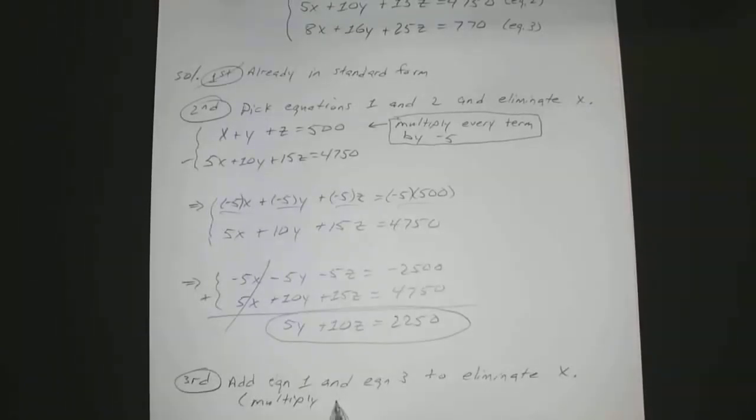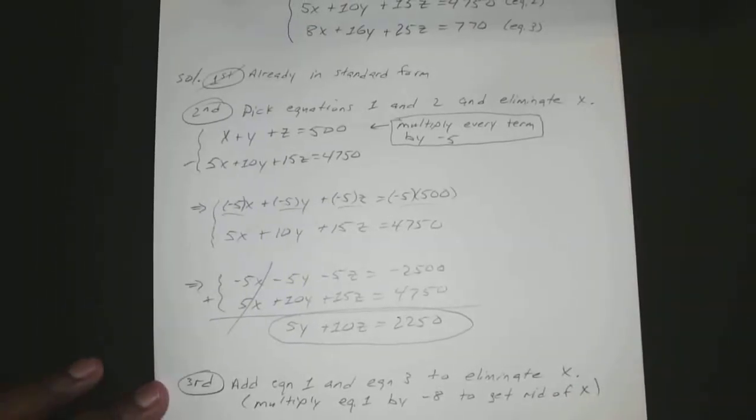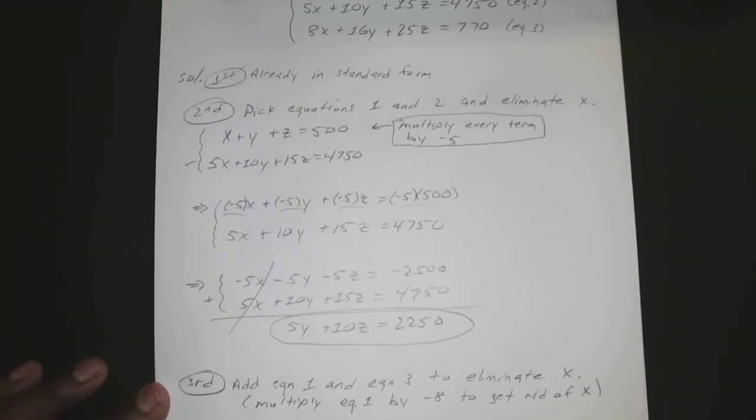So multiply equation 1 by -8 to get rid of the x. Okay, so if you have -8 times x plus -8 times y plus -8 times z equals -8 times 500.